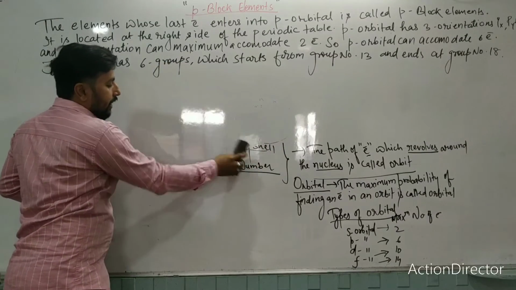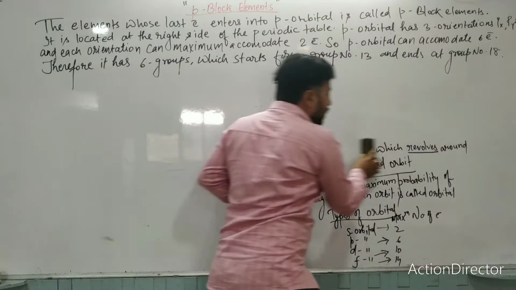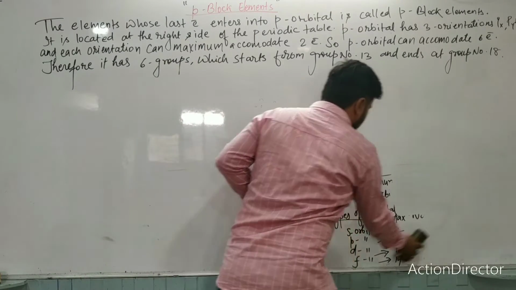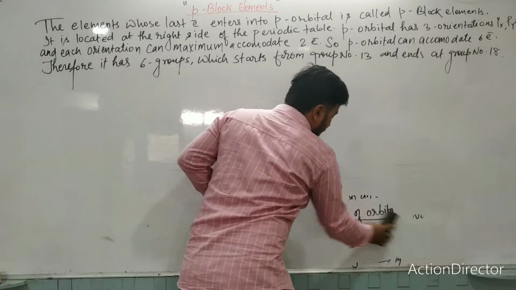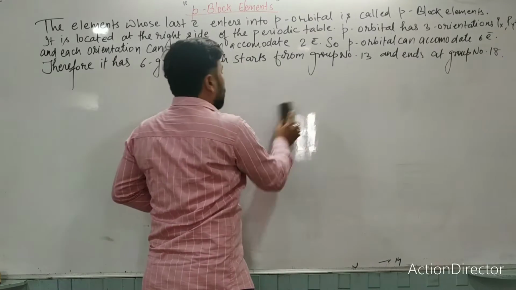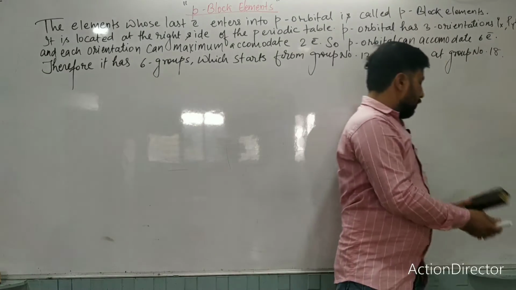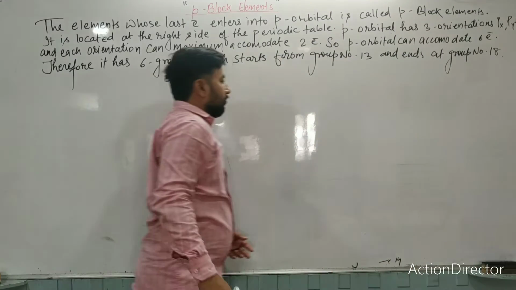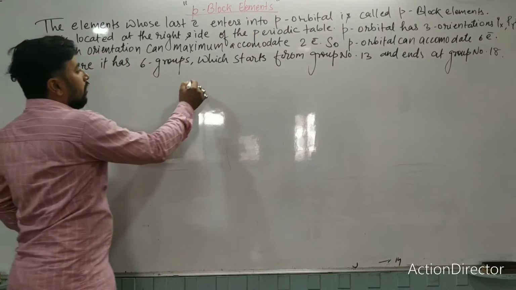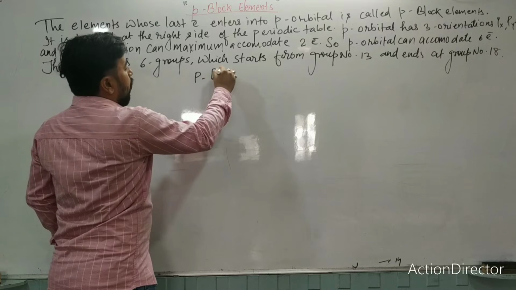As I have written here, it starts from group number 13 and ends at group number 18. So let me first tell you the names of the elements in group number 13 to group number 18. Here I am just drawing the p block elements.